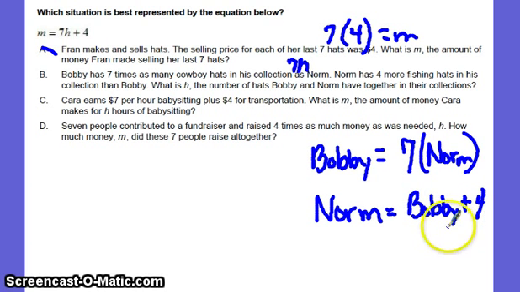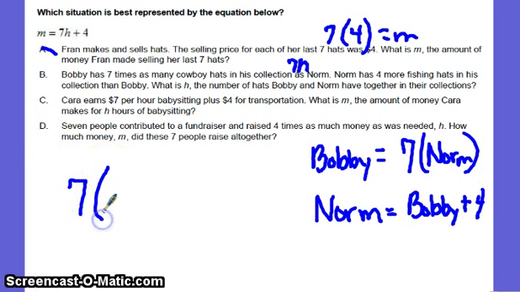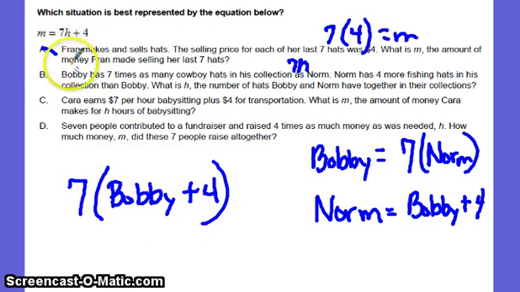What is H? The number of hats Bobby and Norm have together in their collections. So what that would actually look like as an equation would be 7 times Bobby plus 4. That's going to be a distributive property there. So that one's not it either.